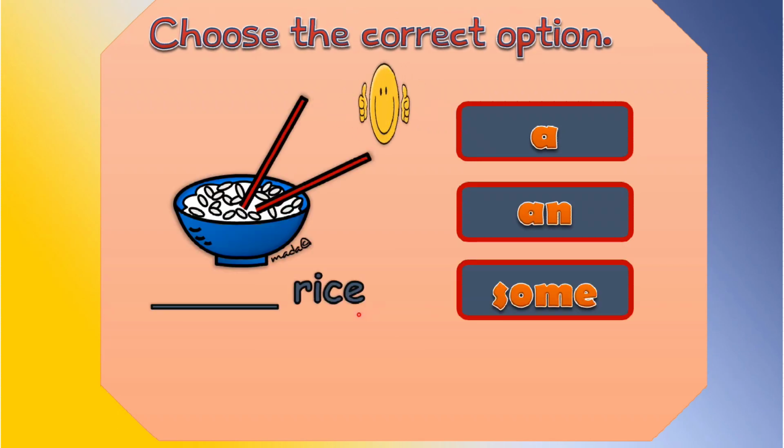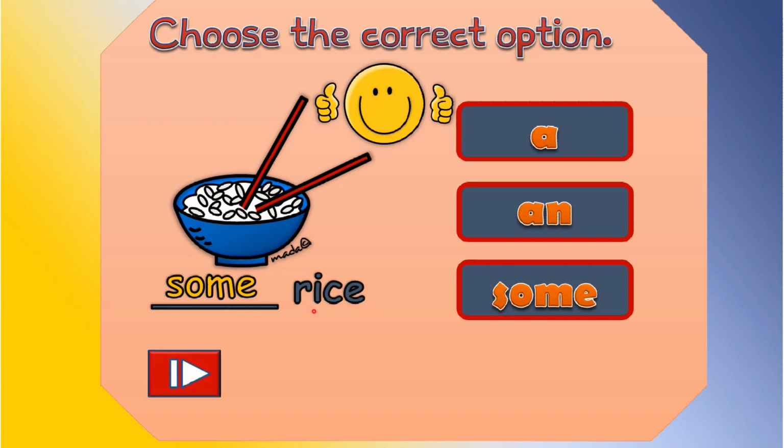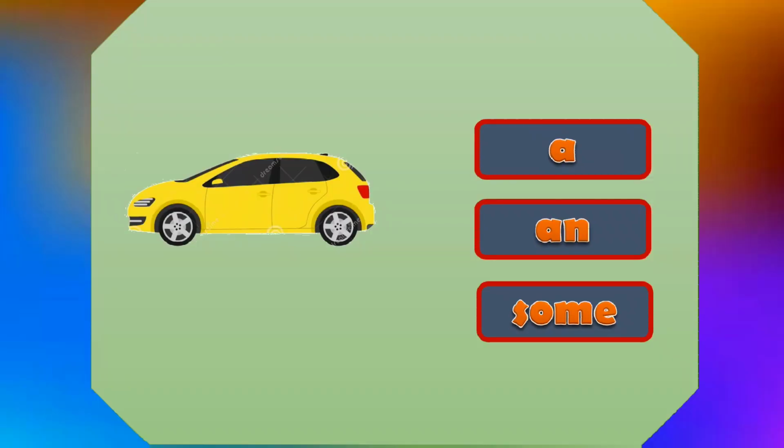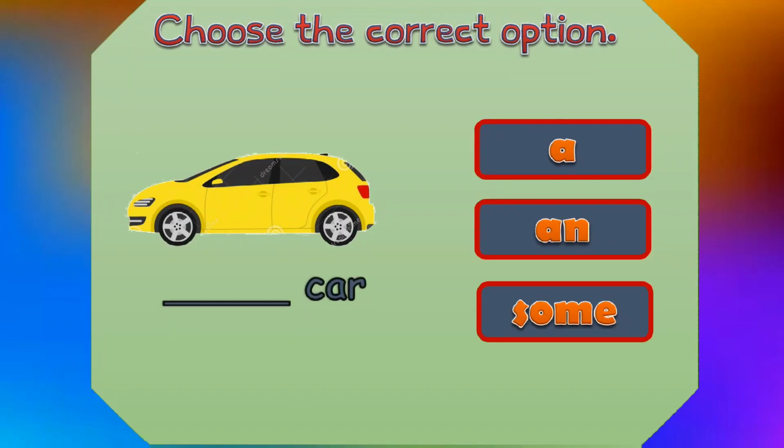About this one: it's some rice because you cannot count the rice. So we'll say some rice. But this one, how many cars are there? Only one, so it can be either a or an.